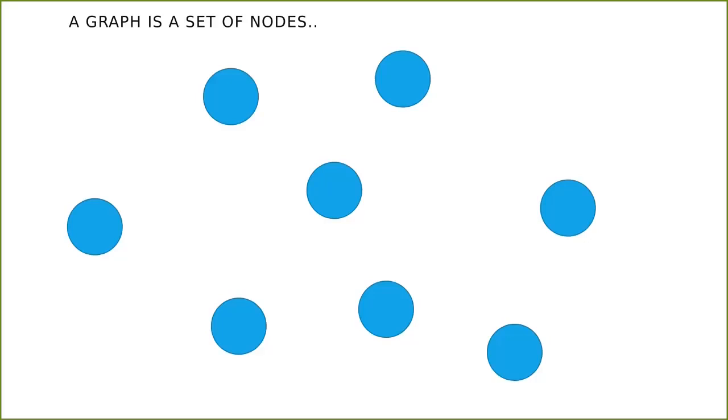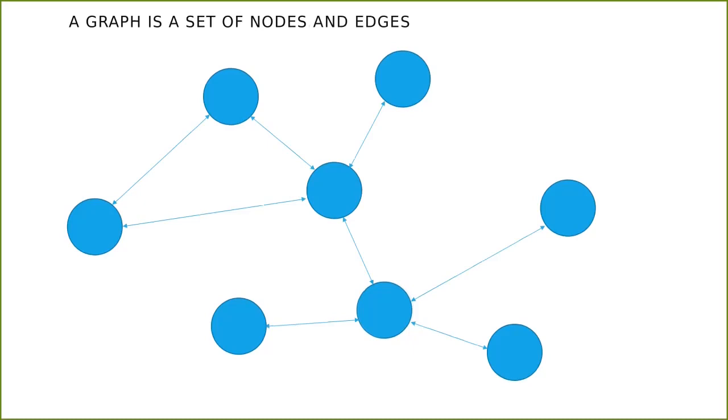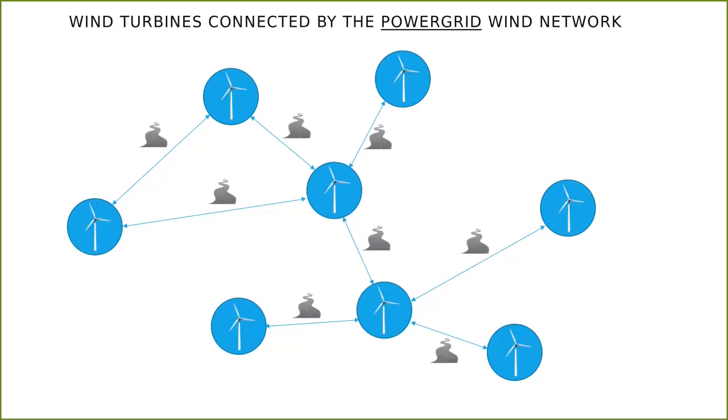Formally spoken, a graph is nothing but a set of nodes and a set of edges that encode some relation between the nodes. And with this simple object now, we can already try to model real-world problems coming from social networks, citation networks, or electrical networks, like, for example, wind turbines connected by the power grid wind network.